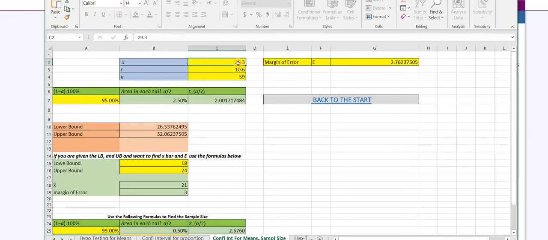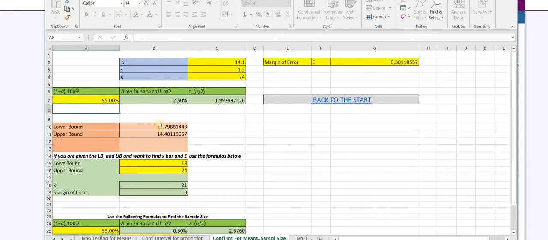So x bar is equal to, where did I write it? 74, 14.1. The standard deviation is 1.3, and 74 cookies is the sample size. The level of confidence is 95%.